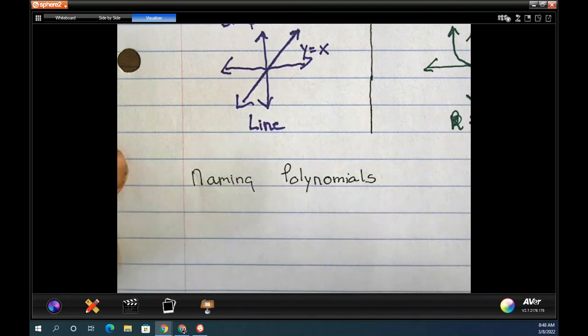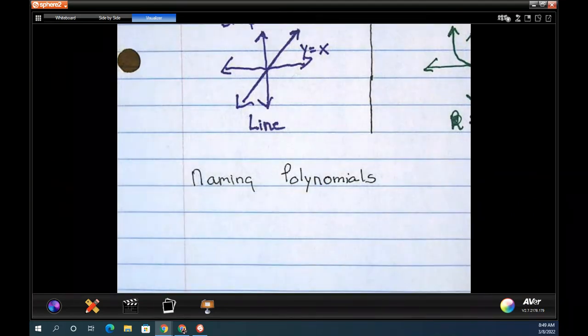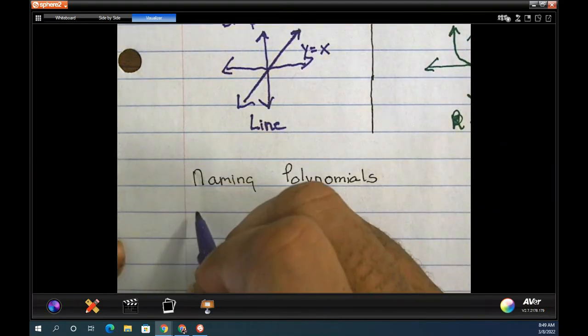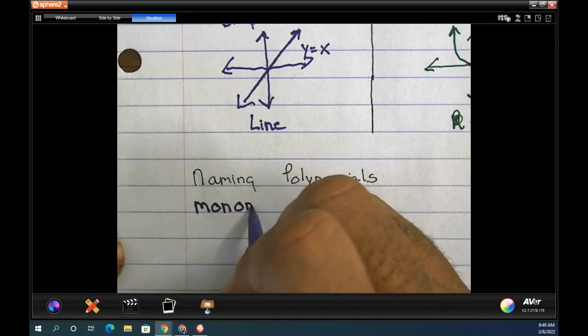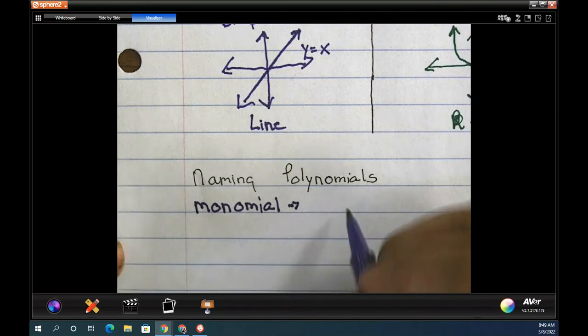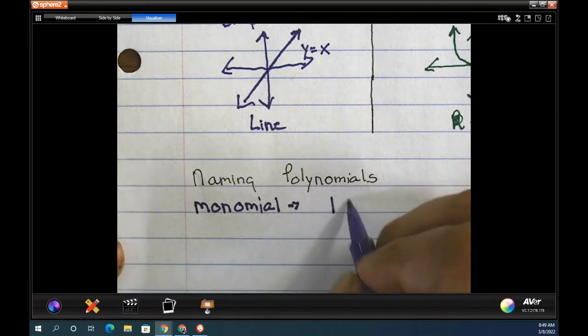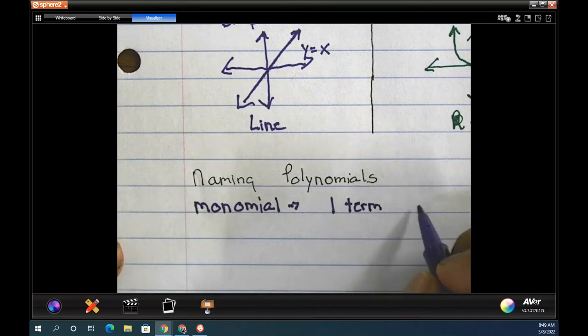All right. Let's start with the simplest one. Monomial. That just has one term. Example, 2x.